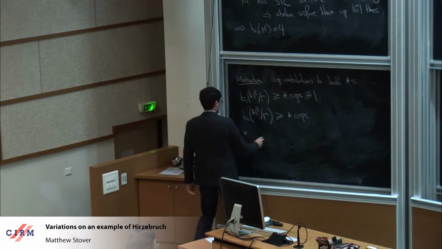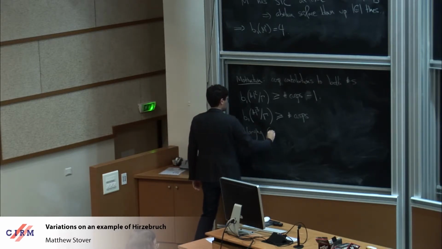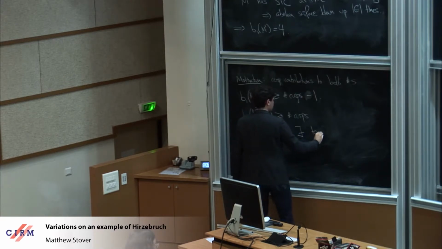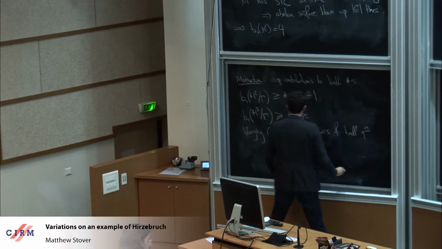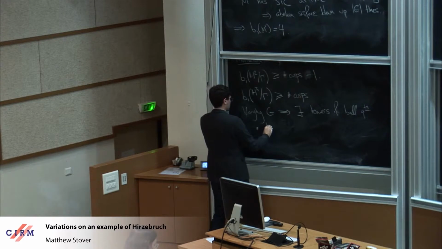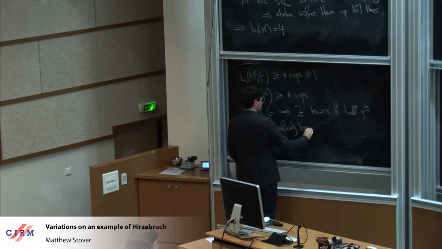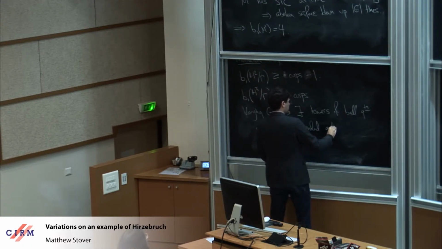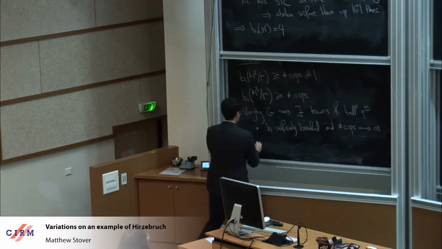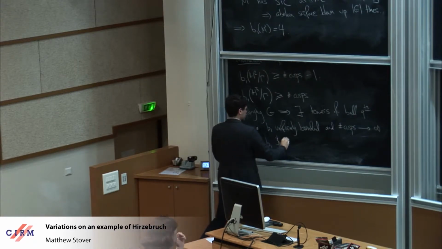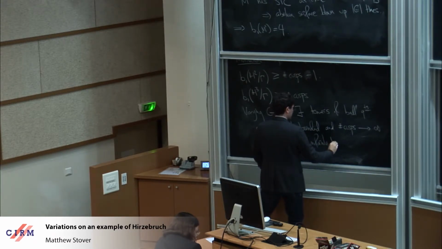But what you can now show, varying this G, implies there exist towers of ball quotients with either B1 uniformly bounded and the number of cusps goes to infinity, or B1 and the number of cusps uniformly bounded.